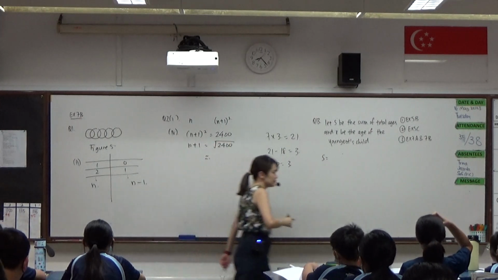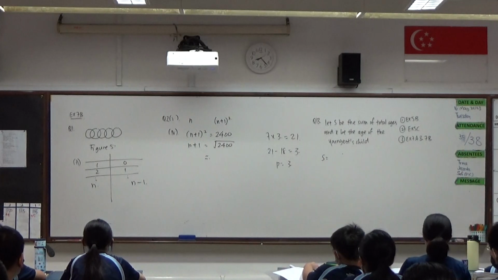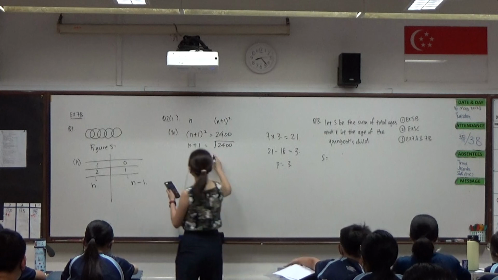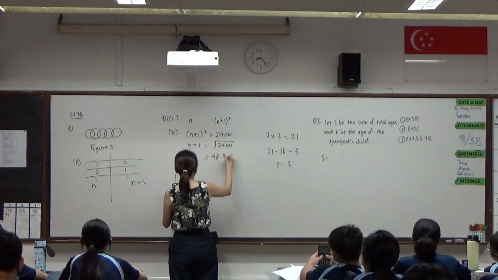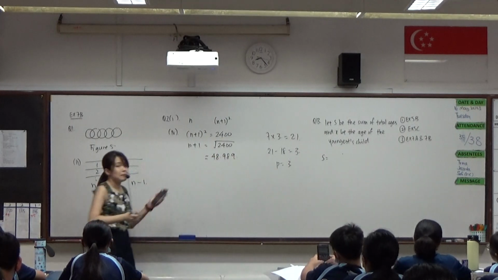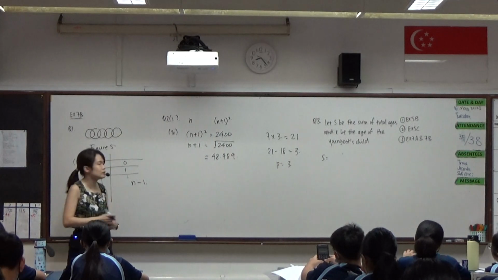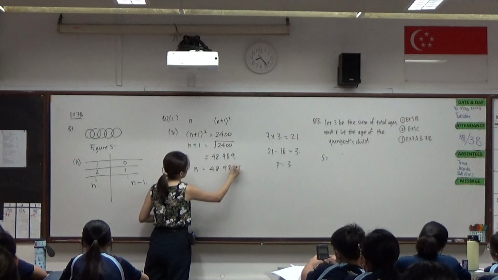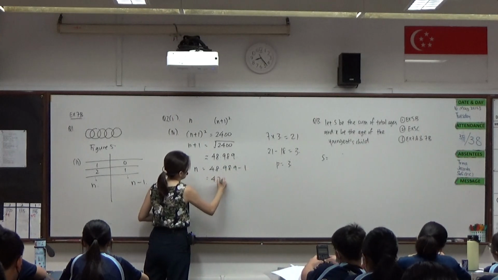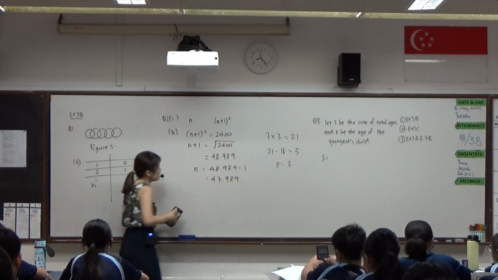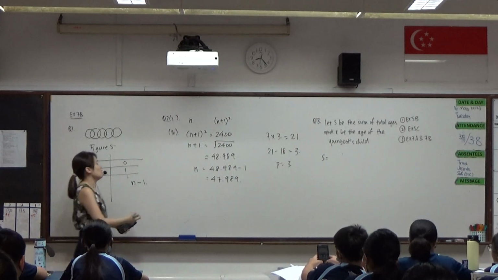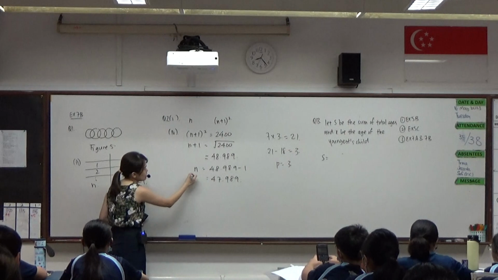And what would that approximately be? Square root 2,400 is about 48.989. But that is not all, because you're trying to determine the value of n. So complete that step, and we get 47.989. Only here do we know why we are trying to arrive at this step.